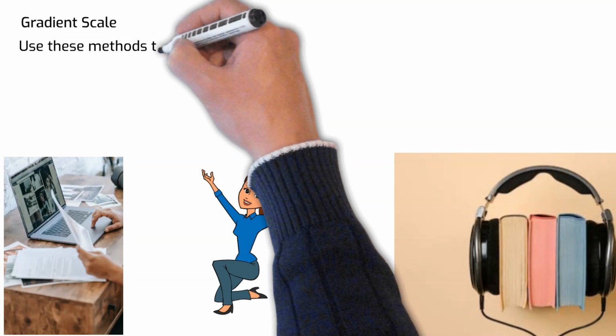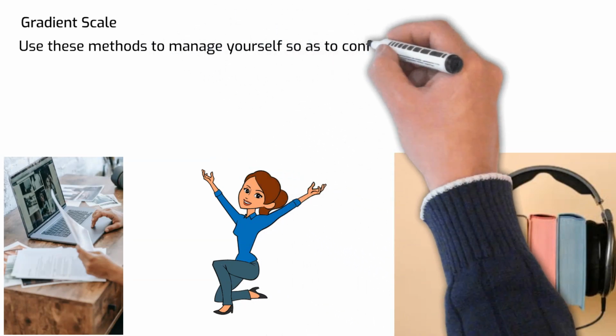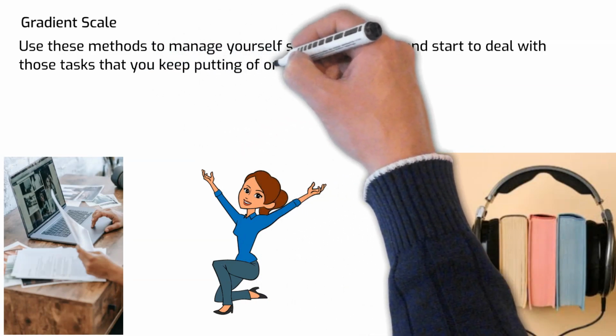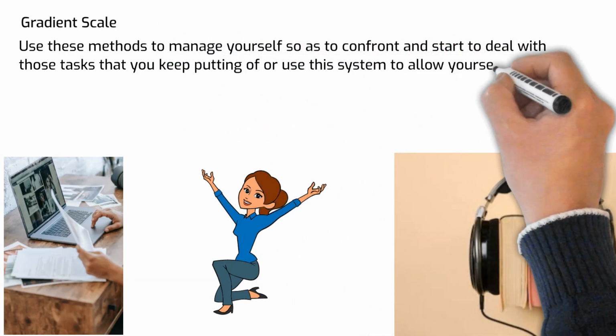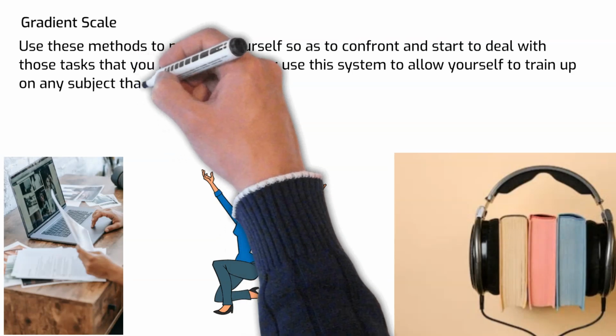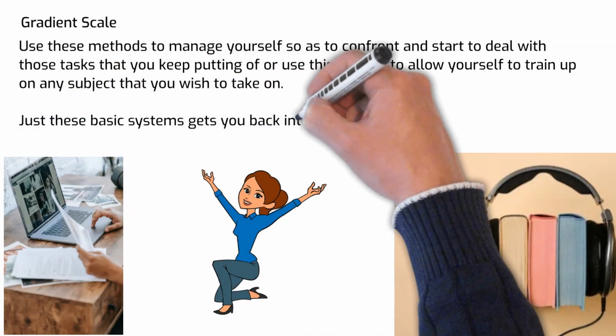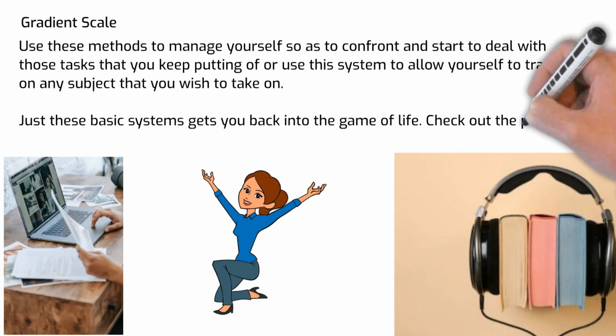Use these methods to manage yourself so as to confront and start to deal with those tasks that you keep putting off, or use this system to allow yourself to train up on any subject that you wish to take on. Just these basic systems get you back into the game of life.